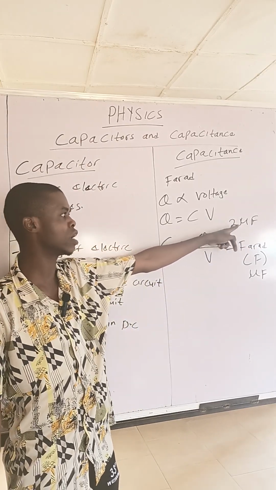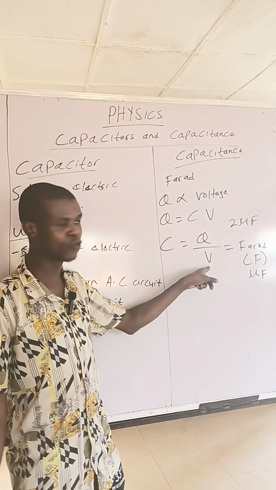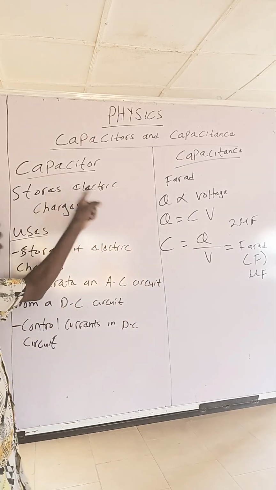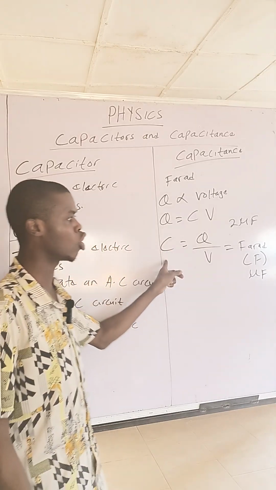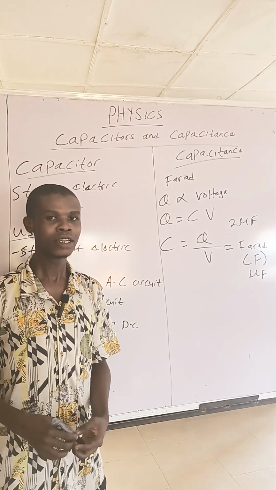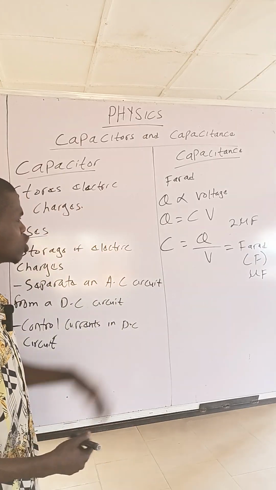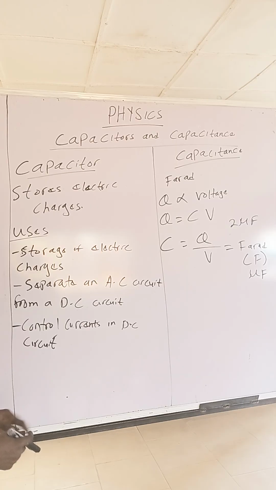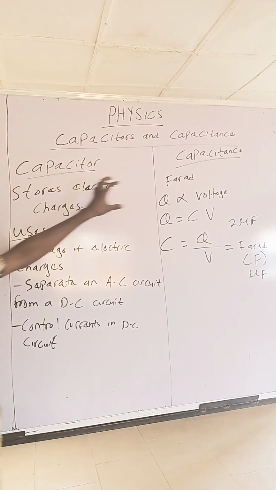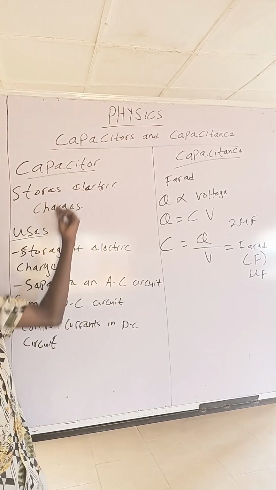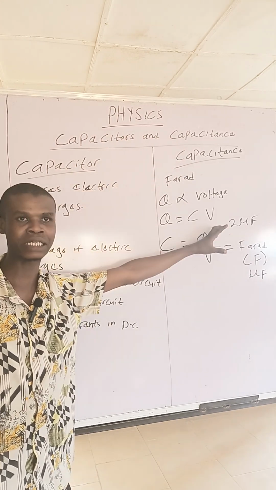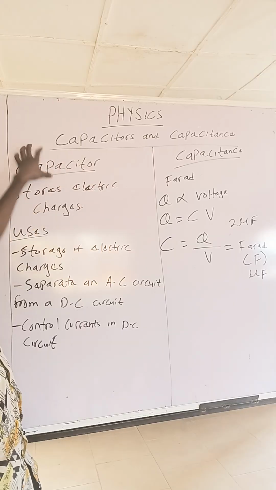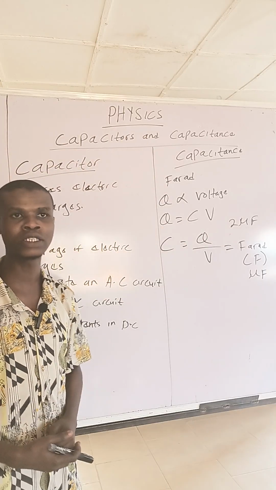This is the amount of electric charge per unit voltage that will be stored in a capacitor. Capacitors store electric charges, and the measurement of that storage is what we call capacitance. These capacitors can be arranged in different forms.